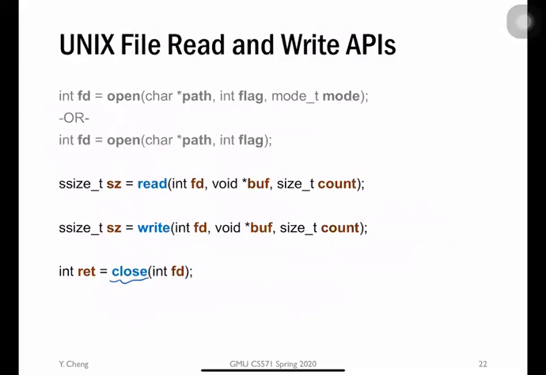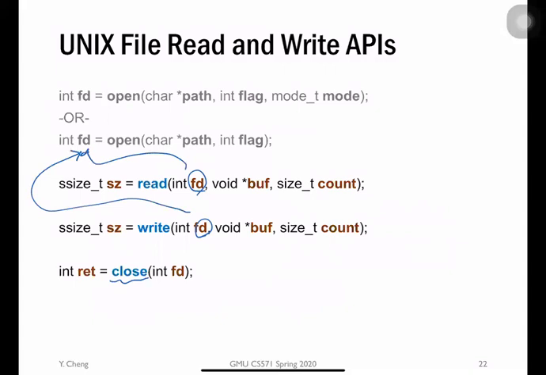If you take a look at read and write, both of them take in 3 parameters. The first parameter is the target file to read data from or write new data to. These are the file descriptors returned by the open system call.